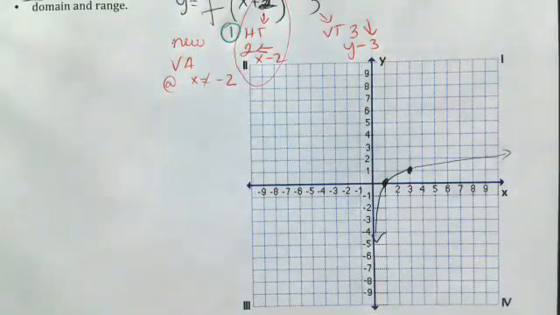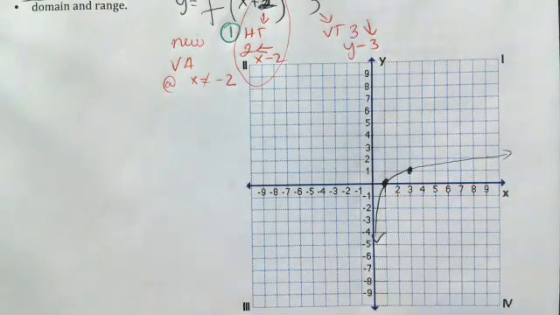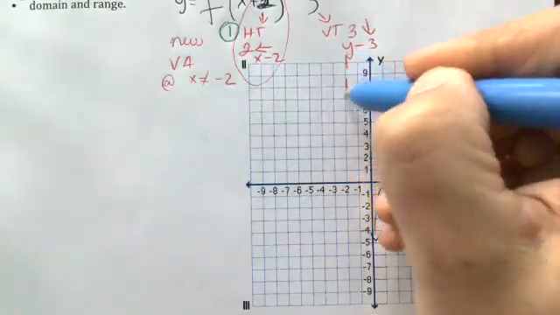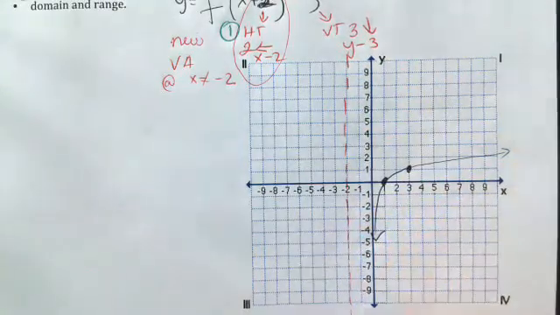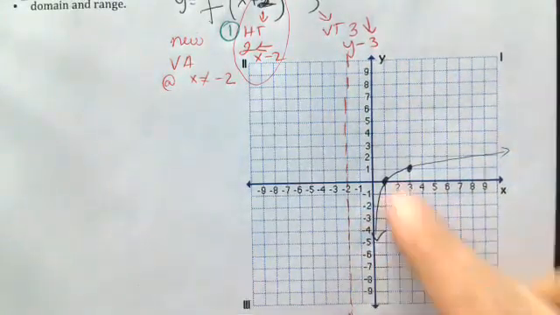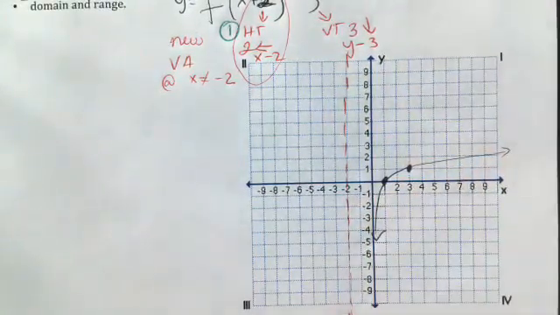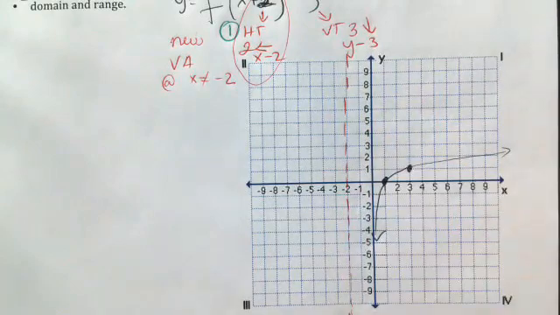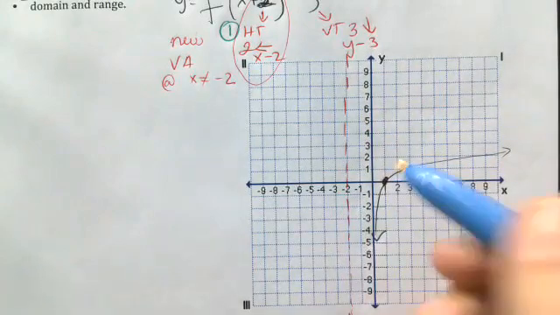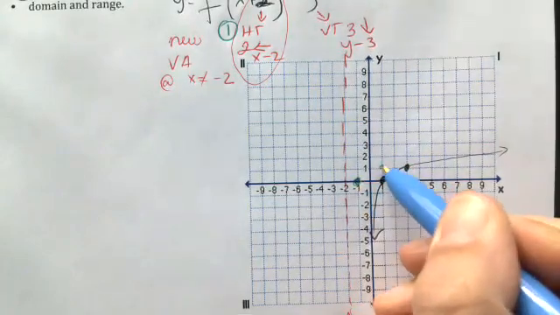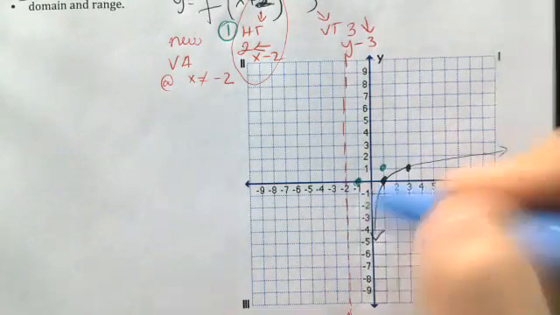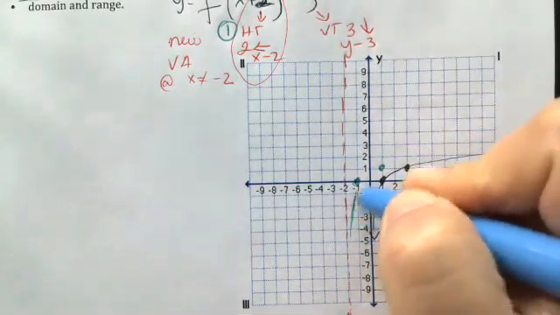And the first transformation is translation to the left 2 units. That's why I want to have that vertical asymptote. When I do these movements to the left, I don't want to cross that with the ends of my graph. So move to -1, and then move to here, right on top of 1. So that's my sketch.